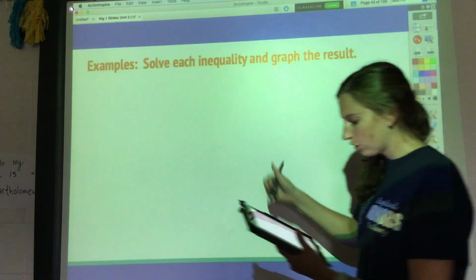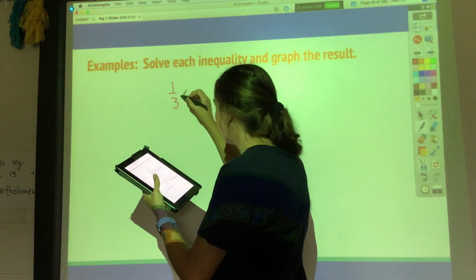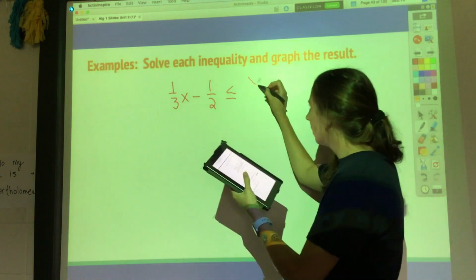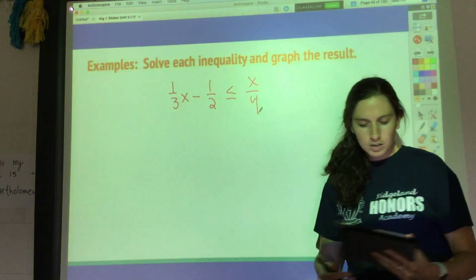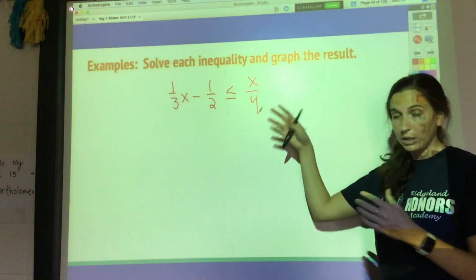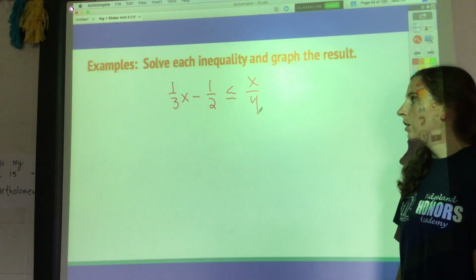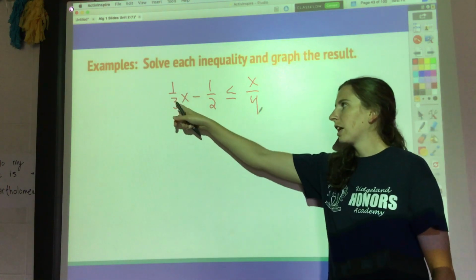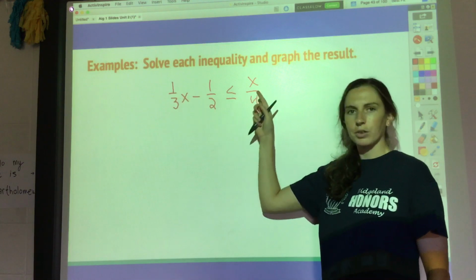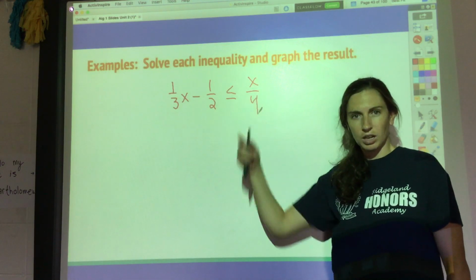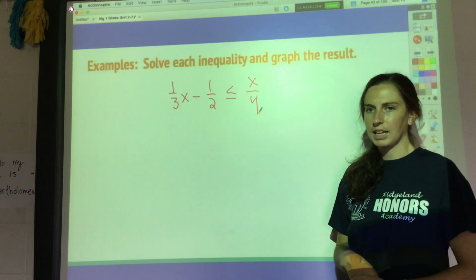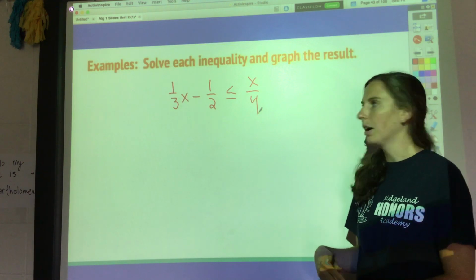Okay, let's try some fractions now. There's a few ways you can handle fractions. My personal favorite is just to not deal with fractions by getting rid of them. So if I want to get rid of dividing by 3, dividing by 2, and dividing by 4, I could multiply everything by a 3, and by a 2, and by a 4, but there's an easier way, which is just multiply everything by their least common multiple, 12.